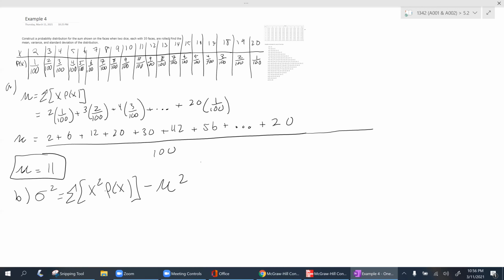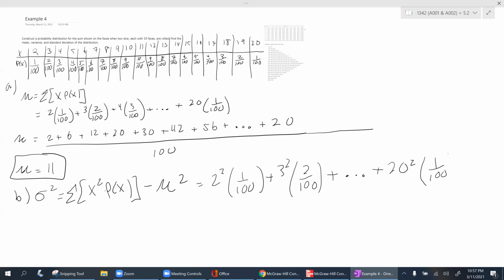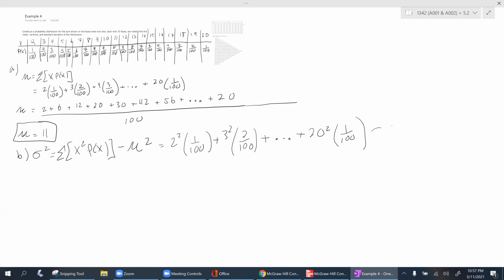So what I have here is 2 squared times 1 over 100 plus 3 squared times 2 over 100, and we go all the way to 20 squared times 1 over 100, minus my mu squared, which is minus 11 squared.